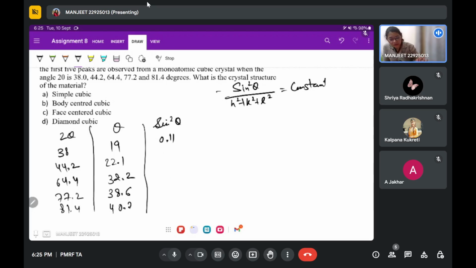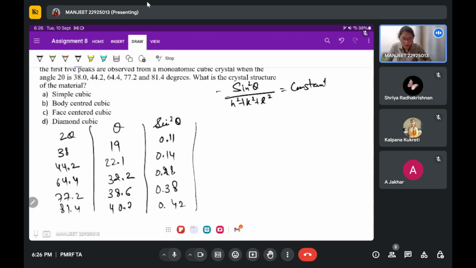So it will come out 0.11, 0.14, 0.28, 0.38, and 0.42.